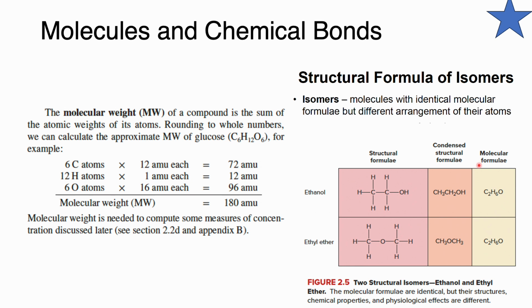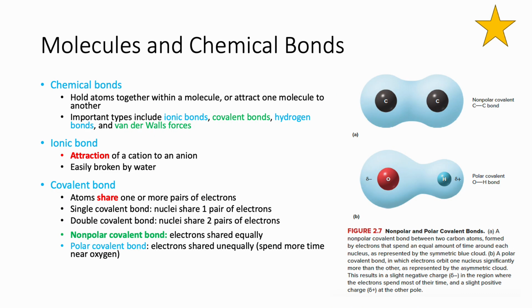So same molecular formula, but different arrangement of our atoms, different structural formula. That is what makes ethanol and ethyl ether isomers of each other. All right, we need to know what an isomer is.